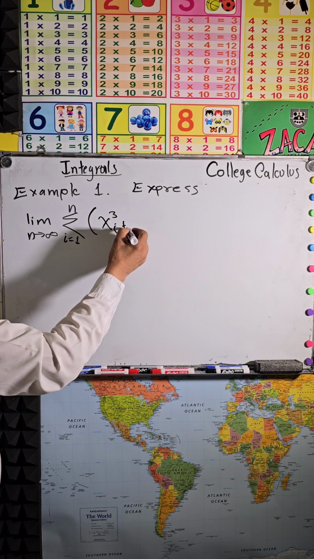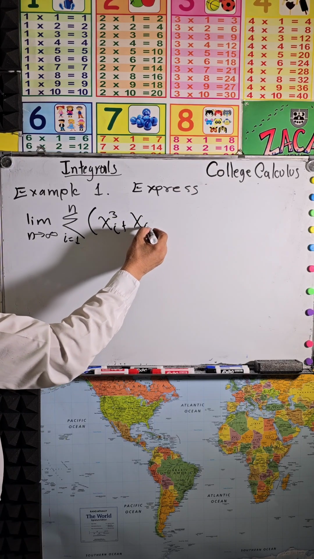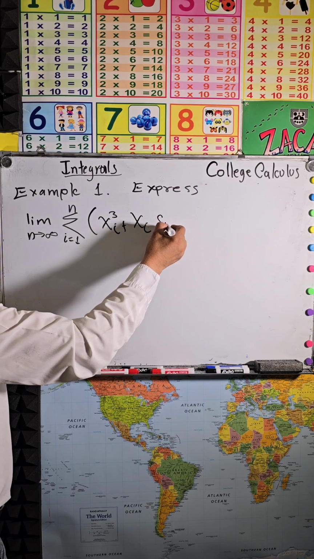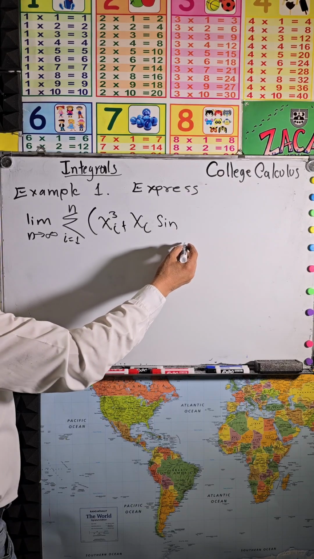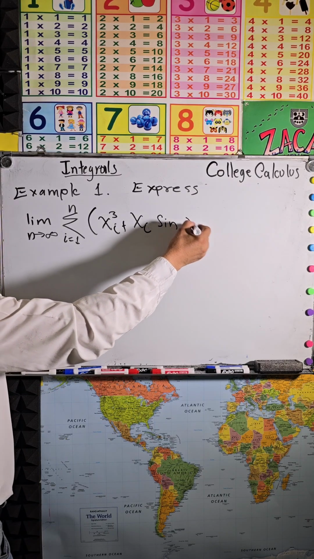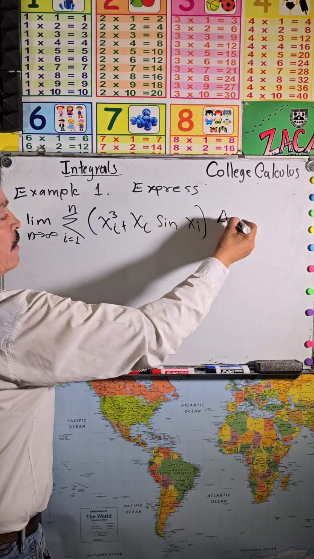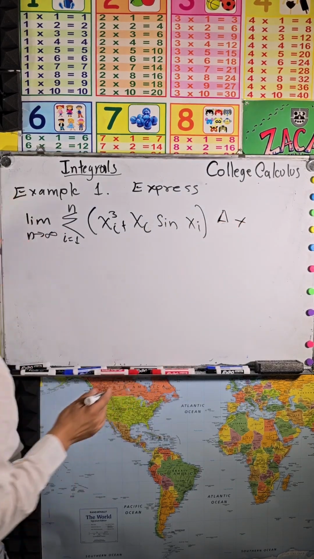I write here x i cubed plus x i sine x i times delta x. All right.